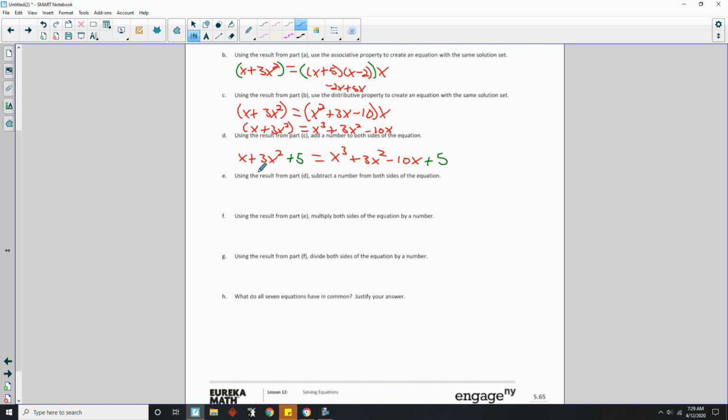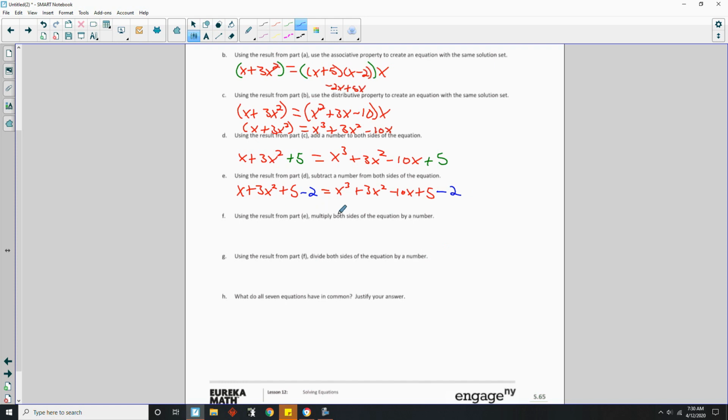Okay. Now using the results from part D, subtract a number from both sides of the equation. Okay, so it doesn't matter what number we use. So all we're going to do is take what we have now, x plus 3x squared plus 5, and I don't know, minus 2, equals x cubed plus 3x squared minus 10x plus 5 minus 2.